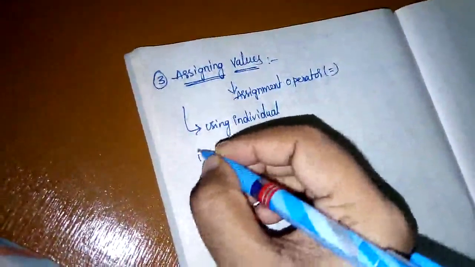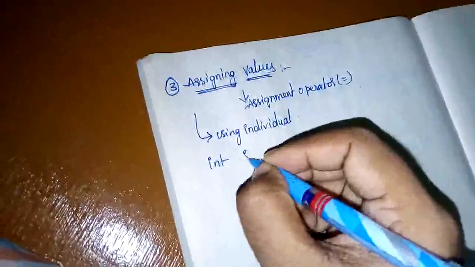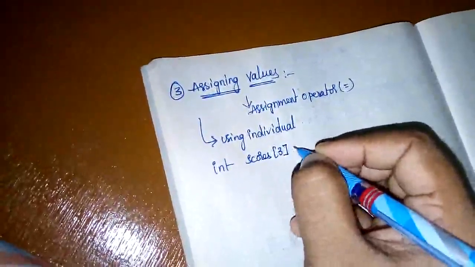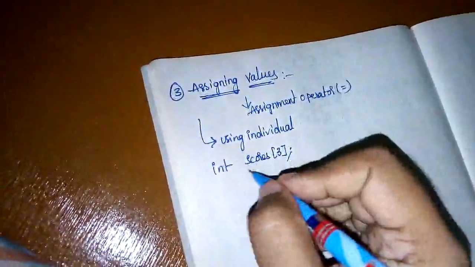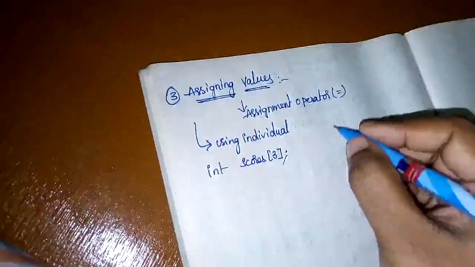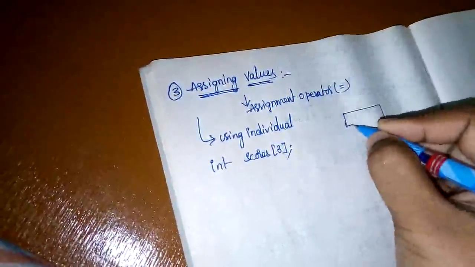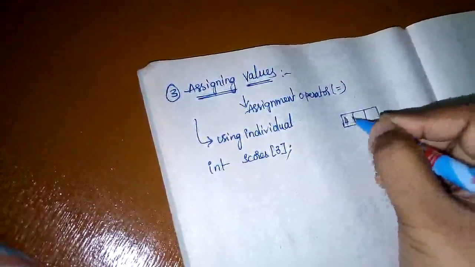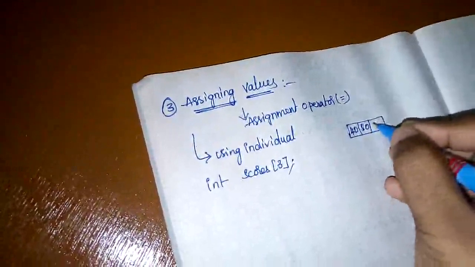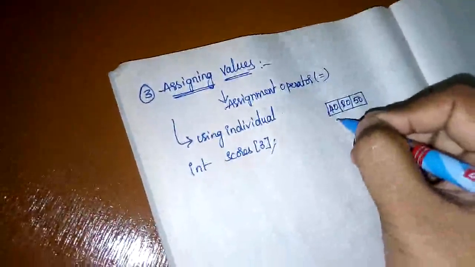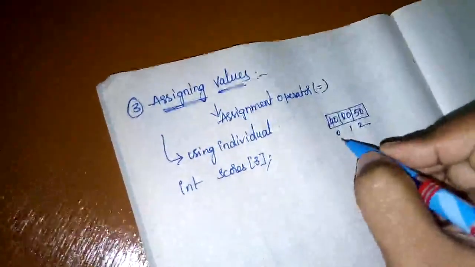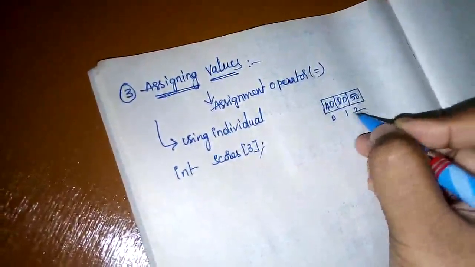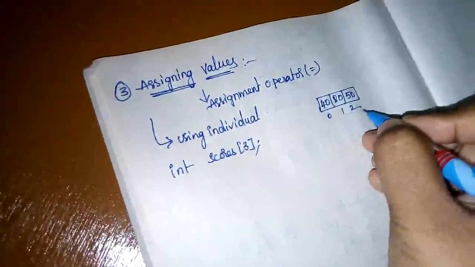Say, for example, you have an array scores which stores 3 elements. Say you want to store the values 40, 80 and 50 into your scores array. Your index starts from 0 and ends with size minus 1, that is 3 minus 1 = 2, so 0, 1, 2 will be your indexes.